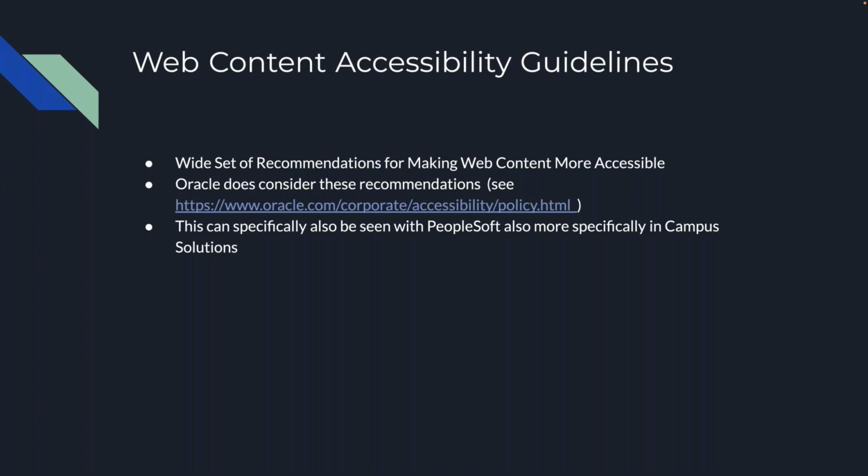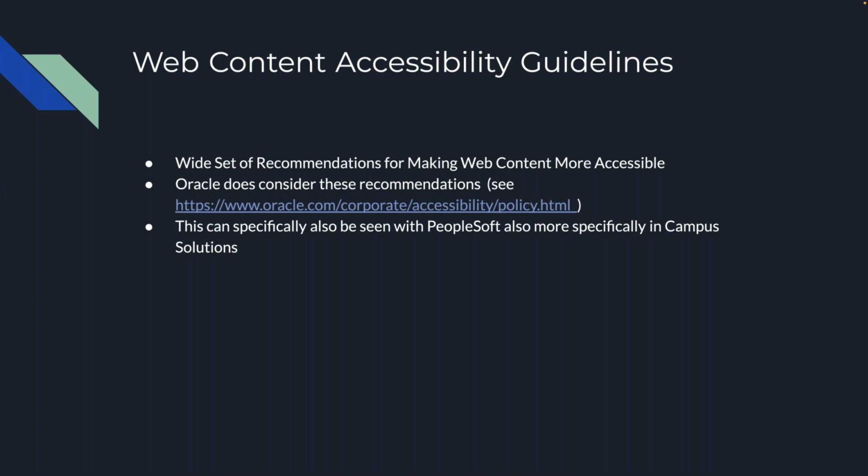Now, the good thing again about this is we can see, if we drill into Oracle, and not specifically PeopleSoft in this case, but we'll get into that, that Oracle definitely takes notice of this, and they consider these guidelines. I mean, sure, here and there is something worth tuning or improving a bit, but that brings me to my next point. We can really see that specifically in PeopleSoft, Oracle is paying attention to this.